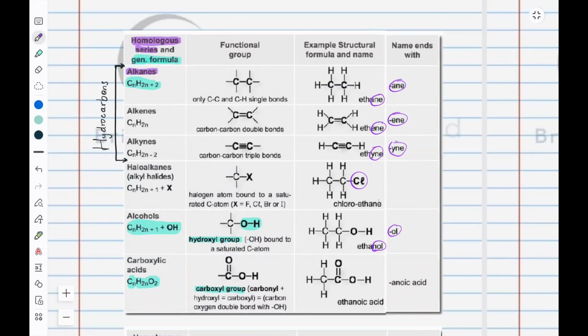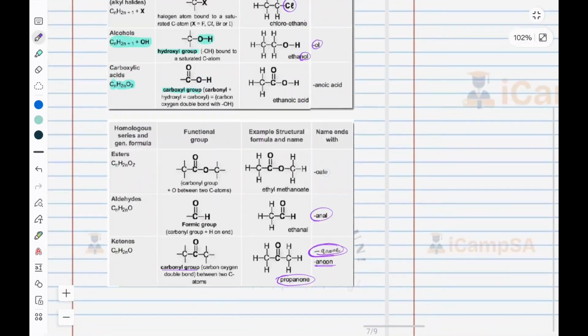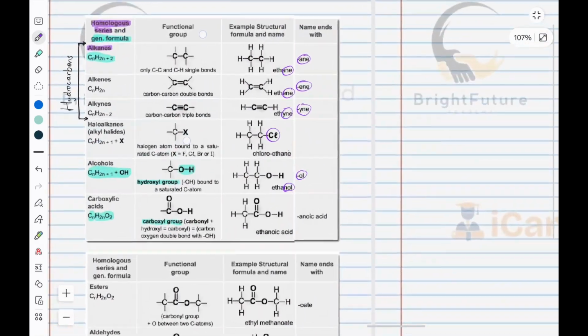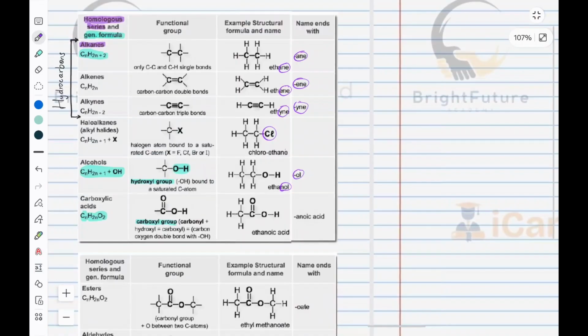Right, so that's one thing we have to understand about grouping these organic compounds, okay? So now we will start focusing on the homologous series alkanes. All right, we will check alkanes, how to name alkanes, and the different types of alkanes.